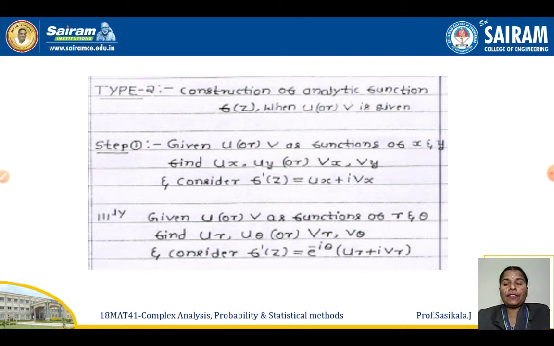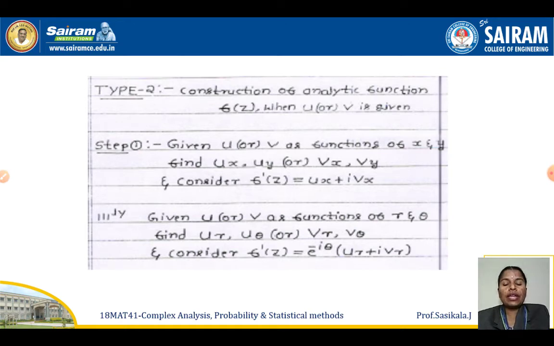First I'll explain the steps to construct an analytic function f of z when u or v is given, that is, when the real part or imaginary part is given. Step 1: given u or v as a function of x and y, find ux, uy or vx, vy, and consider f dash of z equal to ux plus i vx. Either the real part or the imaginary part will be given, as a function of x and y.